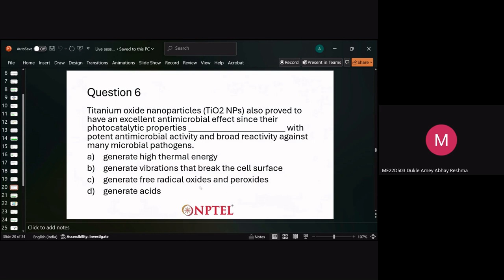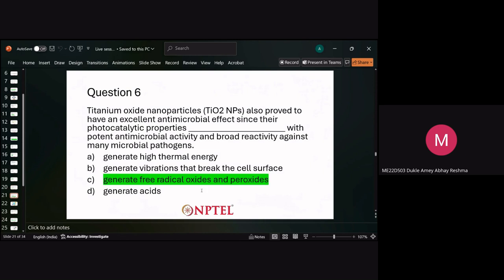Then moving to question number six: titanium dioxide nanoparticles also proved to have excellent antimicrobial effects since there are photocatalytic properties, potent antimicrobial activity, and broad reactivity against many microbial pathogens. The options are generate high thermal energy, generate vibrations that break cell surfaces, generate radical oxides and peroxides, generate acids.